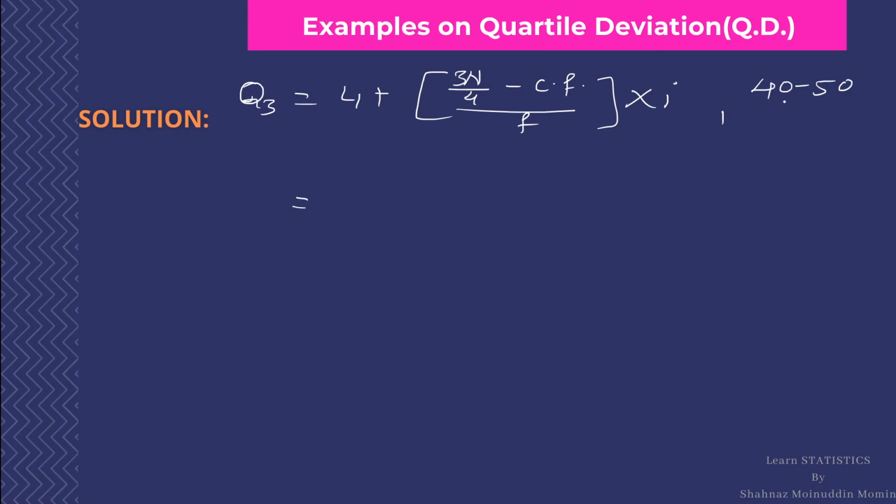L1, the lower limit of the third quartile class, is 40, plus 3n by 4 is 54. We have calculated it. And the cumulative frequency of the previous class is 40. We have seen it, divided by the frequency of class 40 to 50, that is the third quartile class, which is 20, into I, which is nothing but the class interval, means 50 minus 40, upper limit minus lower limit.